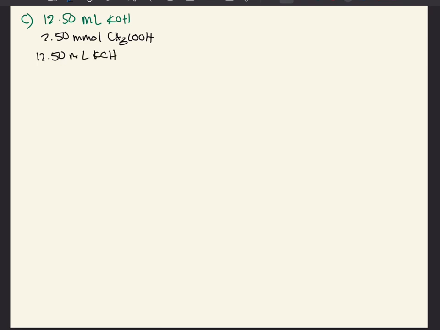So I can take that 12.5 milliliters and multiply it by my concentration. And that gives me 2.5 millimoles of base. So at this point, the millimoles of base and millimoles of acid are equal to each other. So that tells me that we are at the equivalence point.